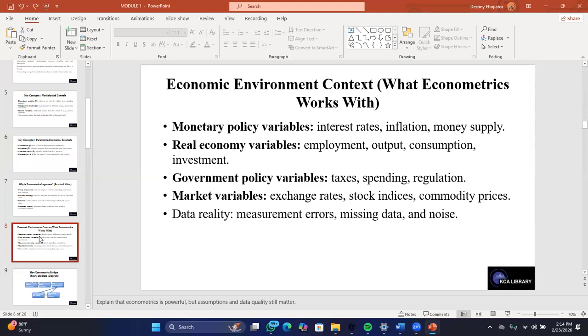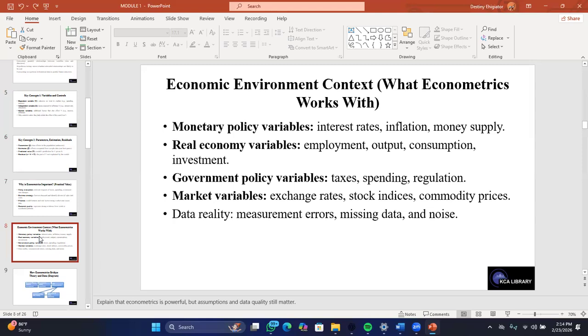Now, let's look at the economic environment econometrics works with. We have monetary policy variables, real economic variables, government policy variables, and market variables. Monetary policy variables include interest rates, inflation, and money supply.